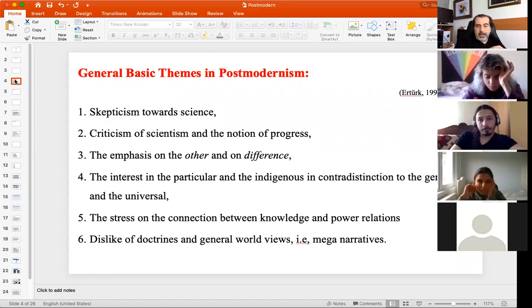One is the skepticism towards science and reason, of course. Enlightenment emphasizes the importance of reason and therefore science, modern science, etc. On the other hand, postmodern thinking questions the validity of science, its methods, its ideas, etc.